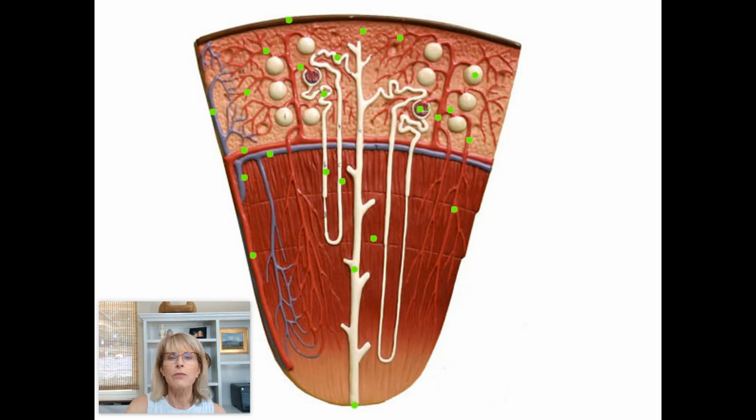From the proximal convoluted tubule, it's going to go to the descending limb of the nephron loop, ascending limb of the nephron loop, distal convoluted tubule. How do I know that's the distal one? The distal one is the one that attaches to the collecting duct, right? Everything's the opposite way on the other side.